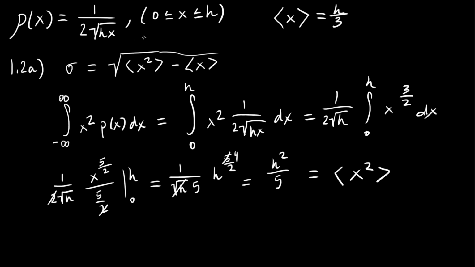Now we just have to plug into this equation. And sorry, I missed the square here before. So it's h squared over 5 minus h squared over 9. We can make the denominators the same by multiplying this by 9 and this term by 5.